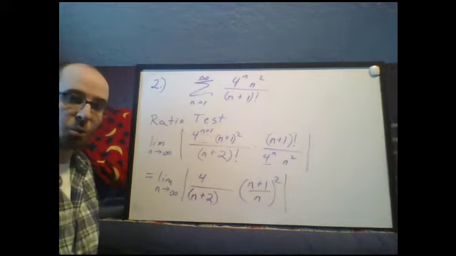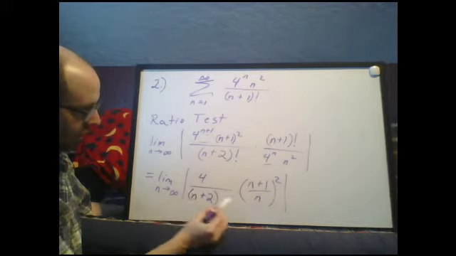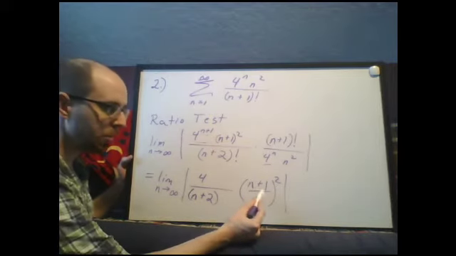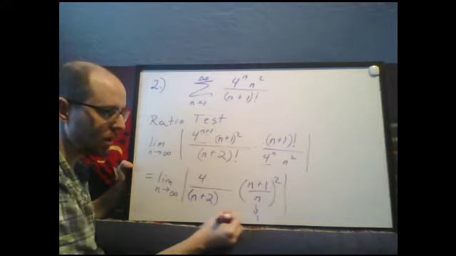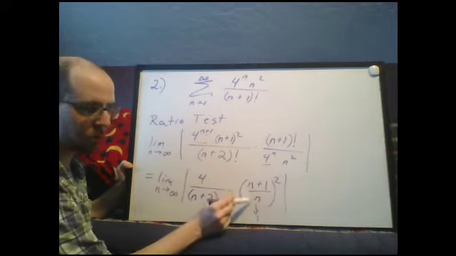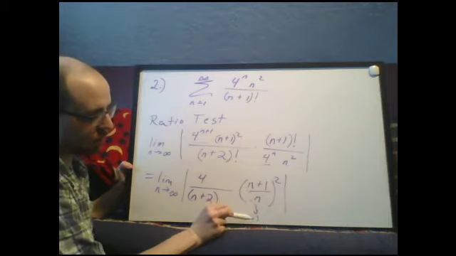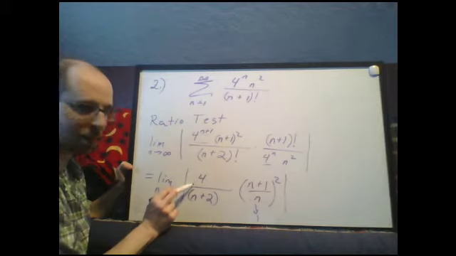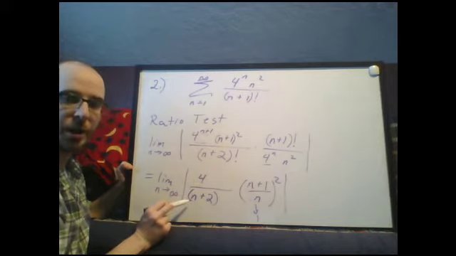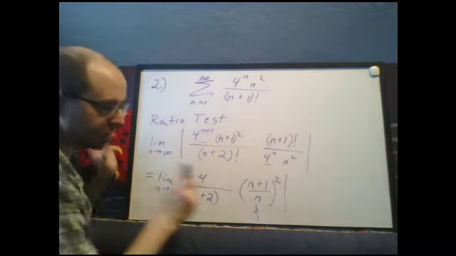And now we're asking, what is the limit of all this stuff? Well, as n goes to infinity, n plus 1 over n, that just goes to 1, because it's the same degree with leading coefficients 1 and 1. So this part goes to 1 squared. The remaining stuff is 4 over n plus 2. As n goes to infinity, that goes to 0. 4 over infinity is 0.